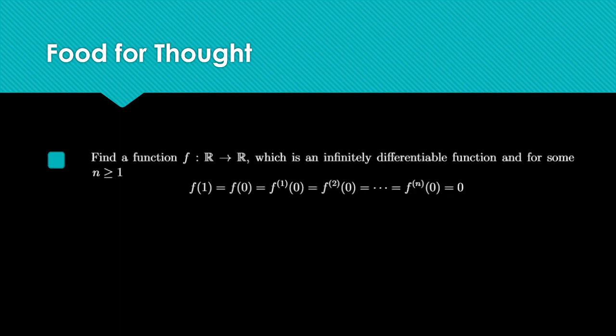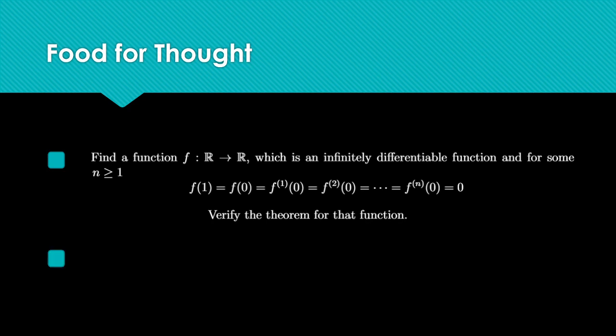We have arrived with some food for thought, some continuation of this problem. What's the first one? What if I ask: does there exist such a function with the given conditions? It's your job to find a function with the given conditions and verify it for that function. Let us know in the comment section.